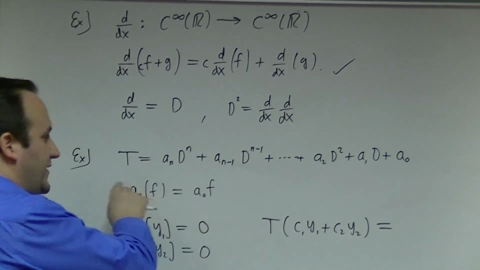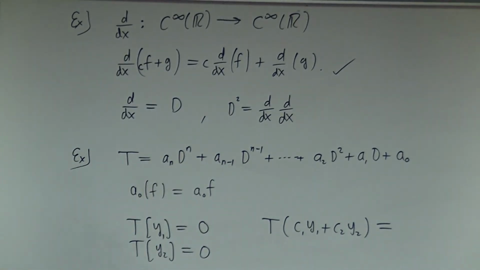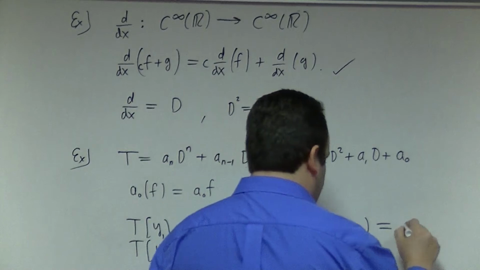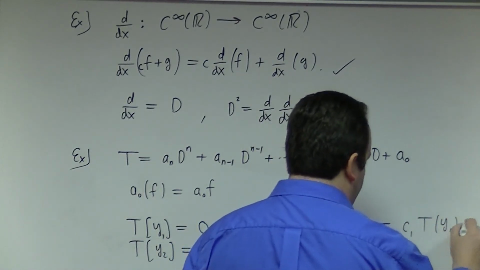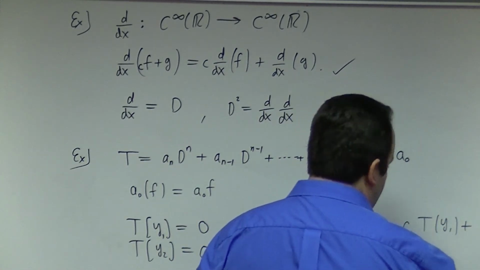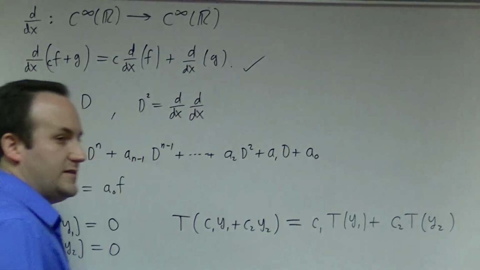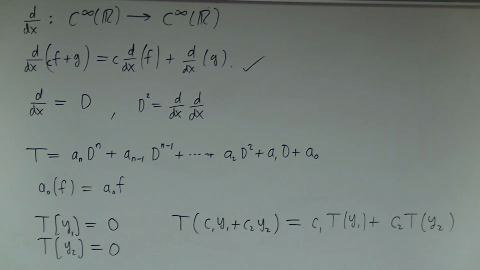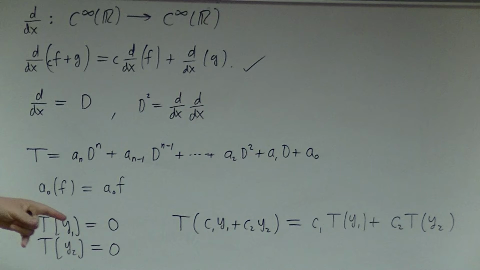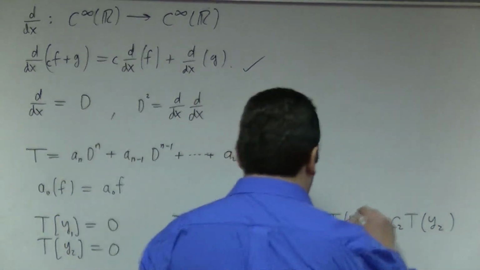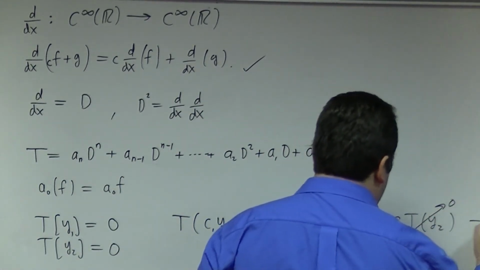If T is a linear transformation, I'm telling you it is, believe me, you have c1 T of y1 plus c2 T of y2. It's because derivatives, second derivatives, third derivatives, these are all linear. So if I have that y1 and y2 are separately solutions of this equation involving derivatives, so it's a differential equation, then of course what? Yeah, that's 0, this is 0, it's equal to 0.